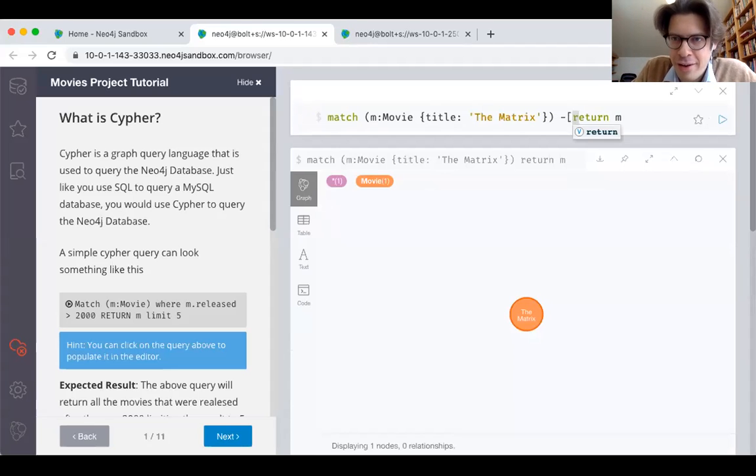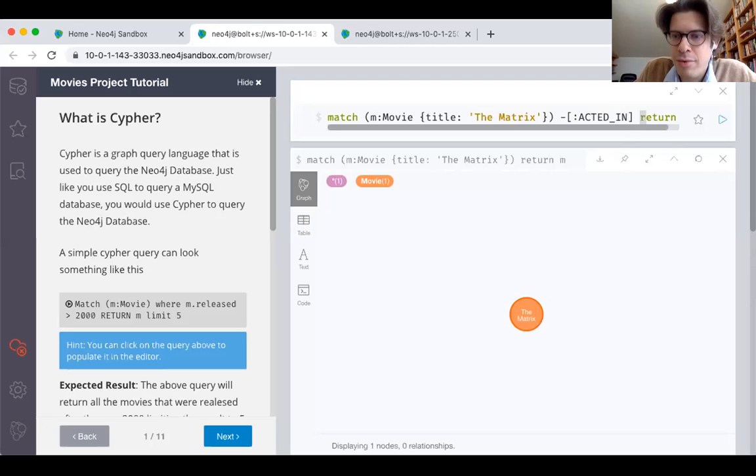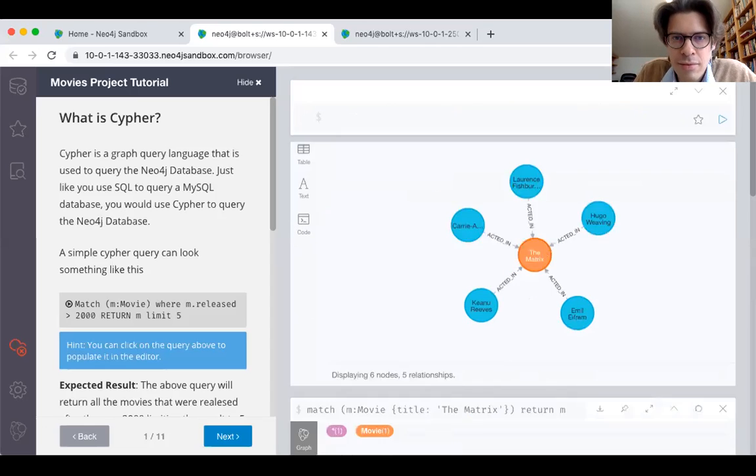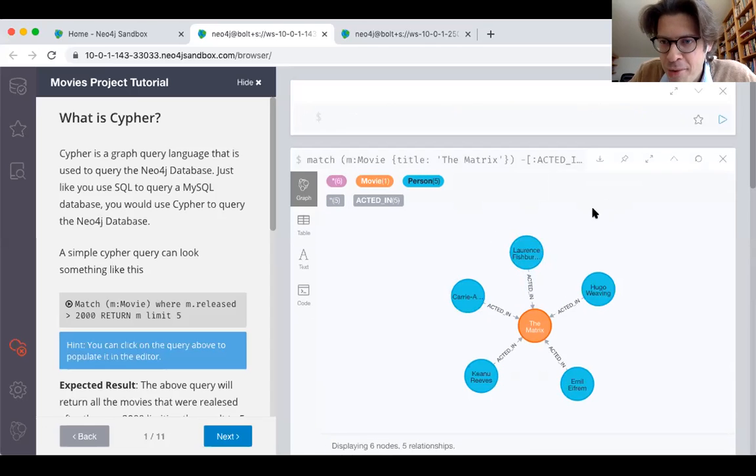And now I think it should work. All right, now I'm getting a list of the people who played in the matrix as a graph representation.